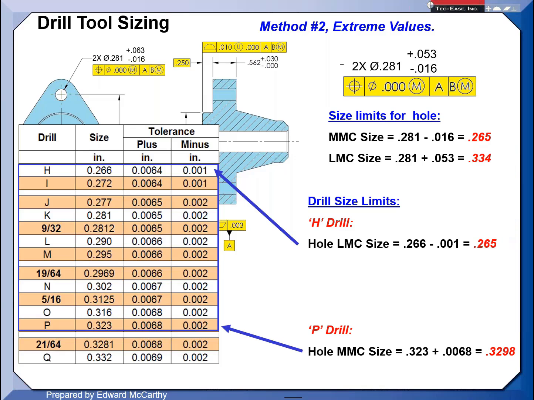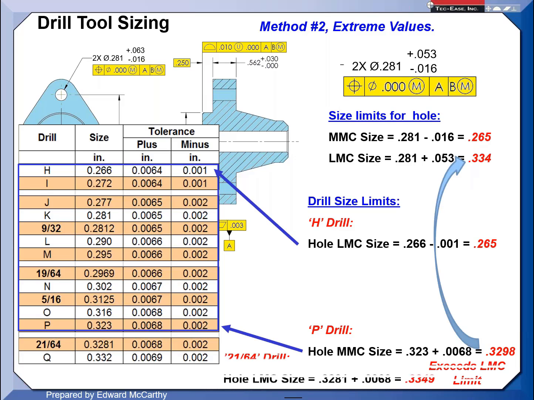Now the assessment here, for us to meet the requirement not to exceed 334, the biggest we can be is a P drill. If we try to go up to the next level drill, there could be a possibility it could exceed the requirements. Again, that would be a decision that I state on my drawing, here's my limits. That's something a manufacturing engineer might be doing.